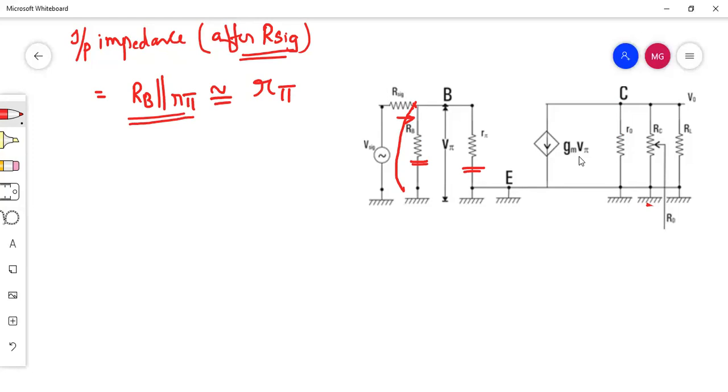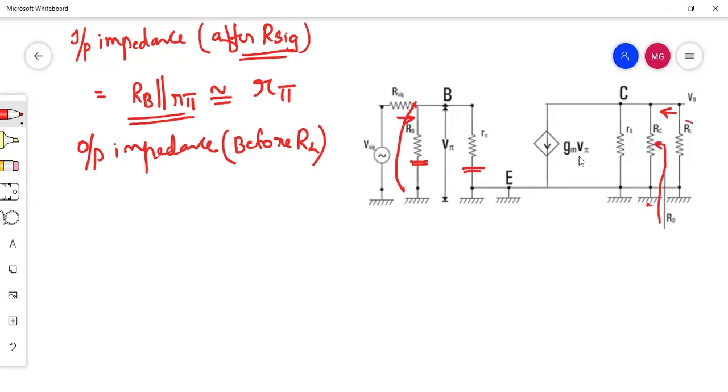Then what about output impedance? Please note that output impedance is taken before RL. That is the relevance of this RO.